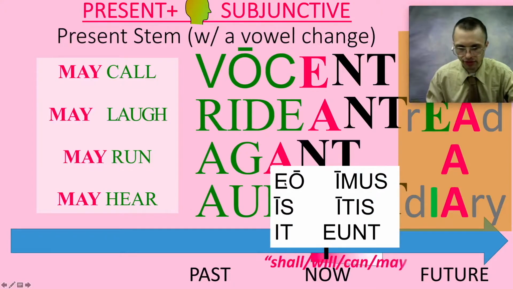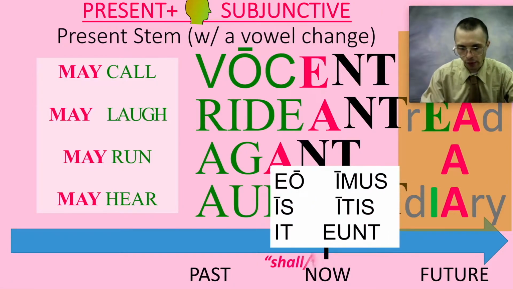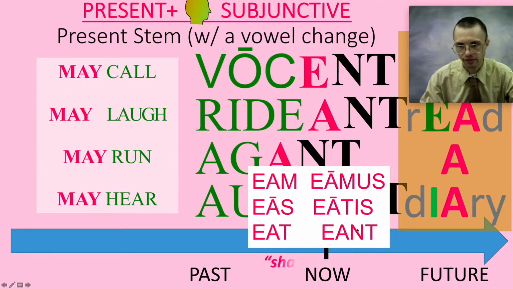The E here is the same as in eo and eunt. So notice the last one, eunt, becomes eant, and that's the closest change that you can see there. So I may go, you may go, she may go, and so on.